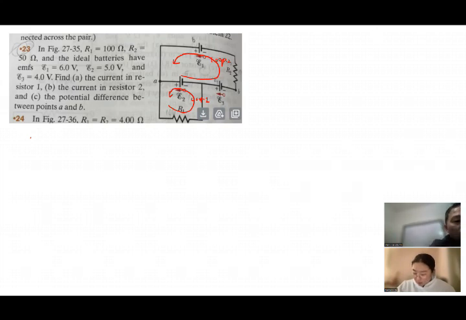In case you set up loop two counterclockwise, then for loop one, the bottom one, you can assume that the direction of current is I1, and in that direction the current flow is I2.